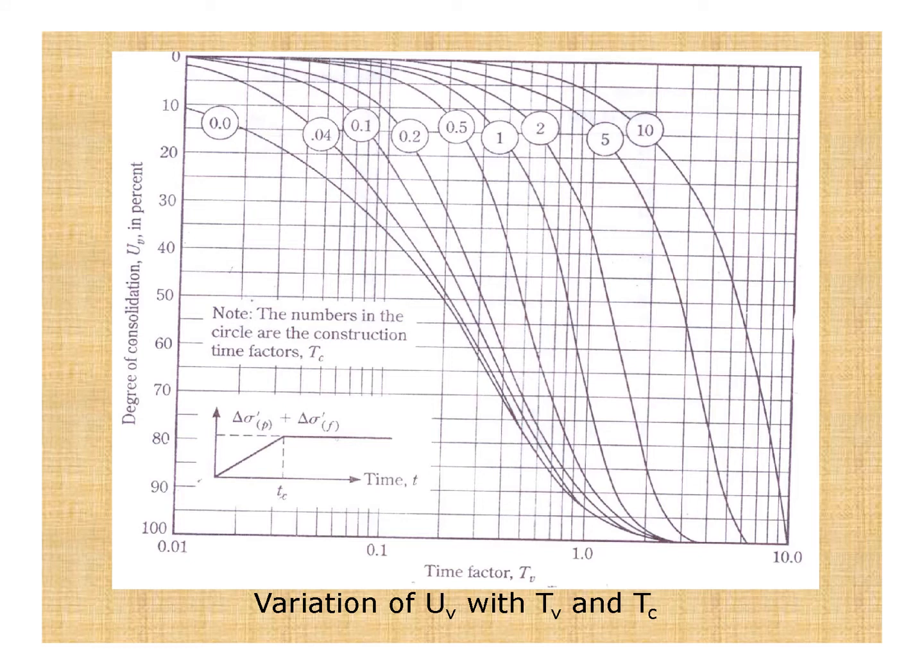Horizontally is the time factor T sub V, and along the vertical axis we have the degree of consolidation U sub V. The encircled values are the T sub C values. And you know what T sub C is? This is the time factor corresponding to the time T sub C at which you have placed the total surcharge. Corresponding to this time, whatever the time factor is, that is capital T sub C.